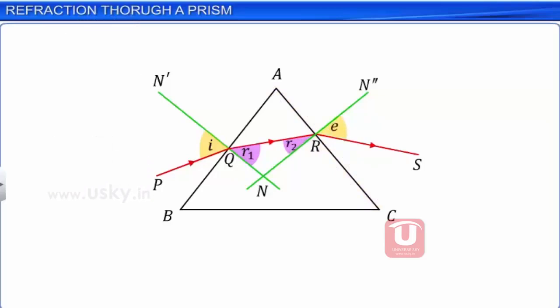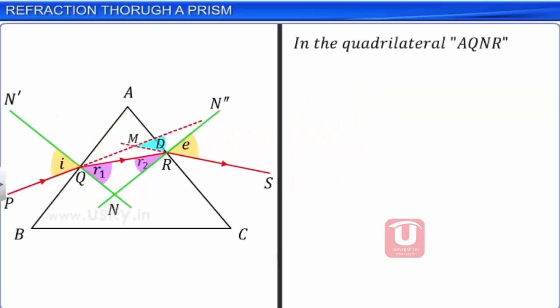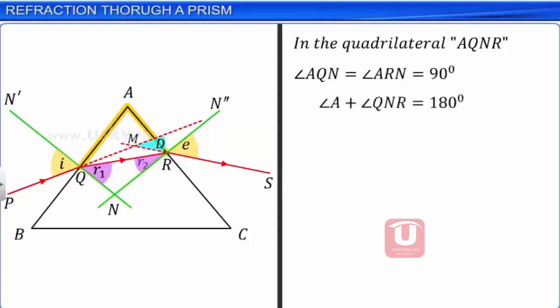In the quadrilateral AQNR, angles AQN and ARN are right angles. Hence, angle A plus angle QNR is equal to 180 degrees. Let this be equation 1. Since the sum of the angles in a triangle is equal to 180 degrees, in the triangle QRN, r1 plus r2 plus angle QNR is equal to 180 degrees.